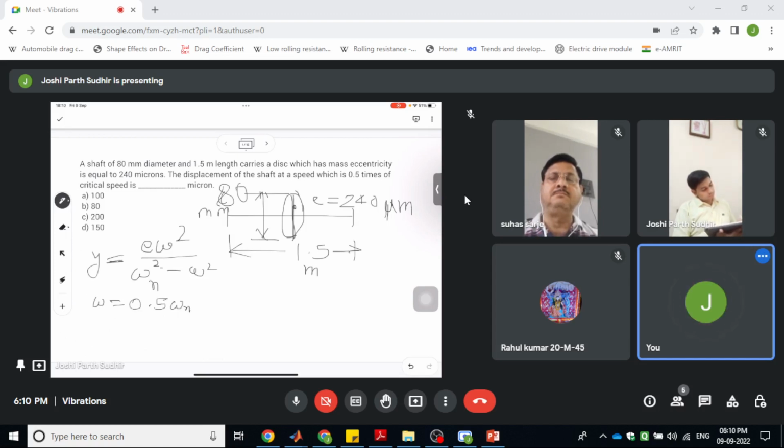So we basically get E into omega n square by omega square minus 1, so it will be E upon 3.